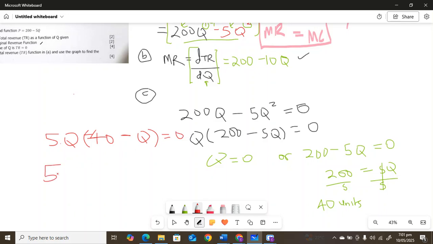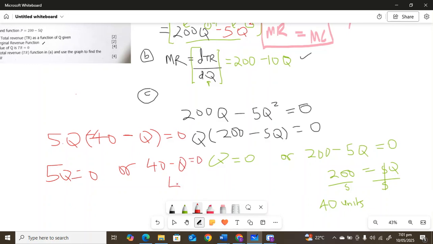So then you say 5q equals 0, or 40 minus q equals 0. So here 40 minus q, you still get 40 units. Here where 5q equals 0, if you divide both sides by 5, 0 divided by 5 is still 0. So you still get the same answer. But thank you for that, sir.